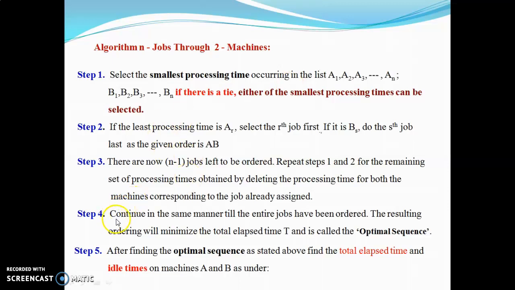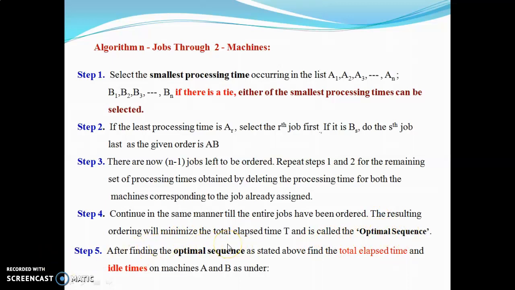In step 4, continue in the same manner till all the jobs have been ordered. The resulting ordering will minimize the total elapsed time, capital T, and is called the optimum sequence. Optimum could mean minimize or maximize, but our sequencing problem is to minimize the total elapsed time. Here optimum means the minimum.